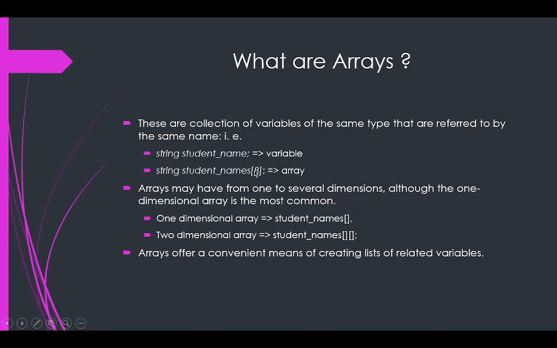We are going to store 8 of the student names, not just one, because here we have only one student name. They are the same type, they are referred to by the same name, and we are going to store 8 of them. So we say arrays may have from 1 to several dimensions, although the one-dimensional array is the most common. I think that's clear, right?